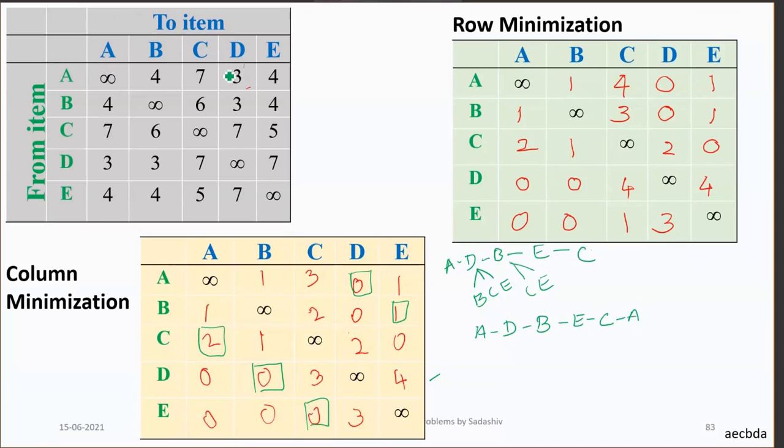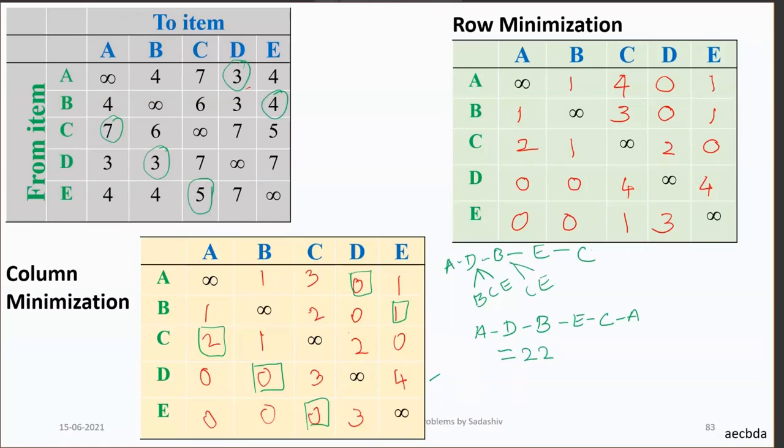A to D is 3, next one 4, 3 plus 4 plus 7 is 14, 14 plus 3 is 17, 17 plus 5 is 22. This is one answer we can write.